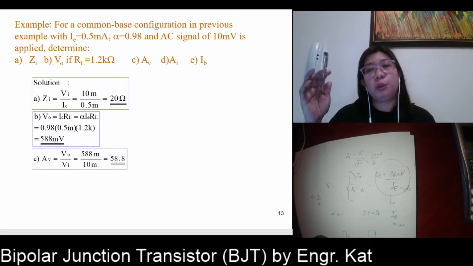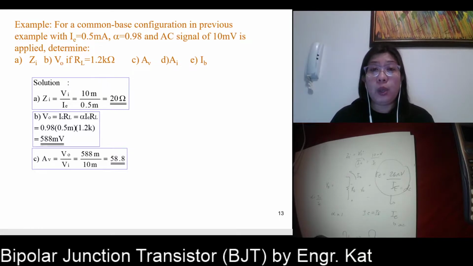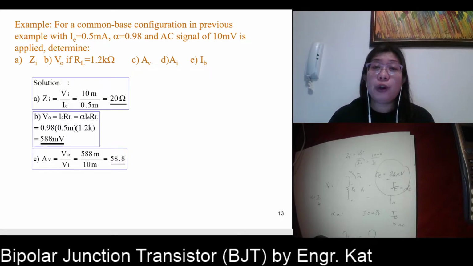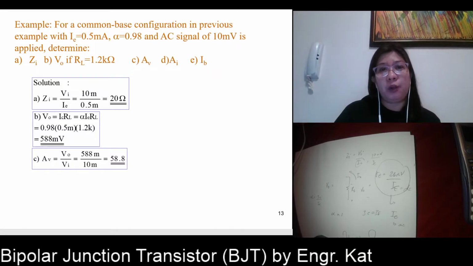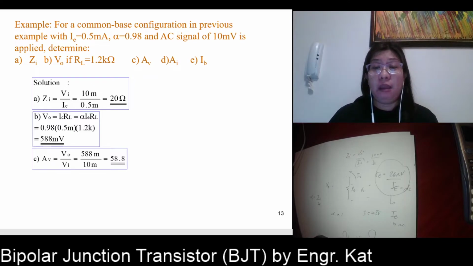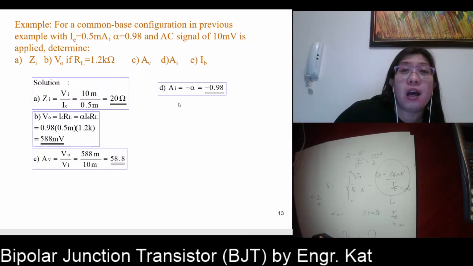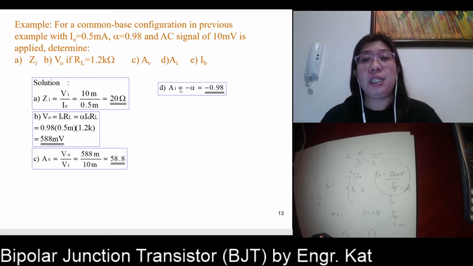The millivolts cancel out, giving us a value of 58.8, which is unitless. This means that your input was amplified 58.8 times, from 10 millivolts to 588 millivolts. And what is your AI? From the approximations, AI is equivalent to negative alpha, so that is negative 0.98.